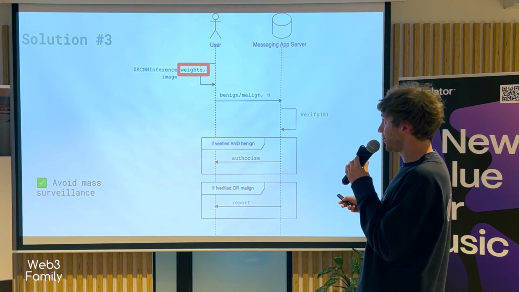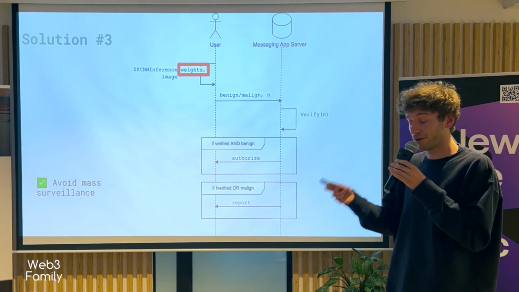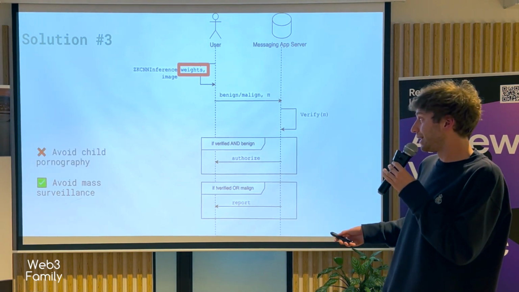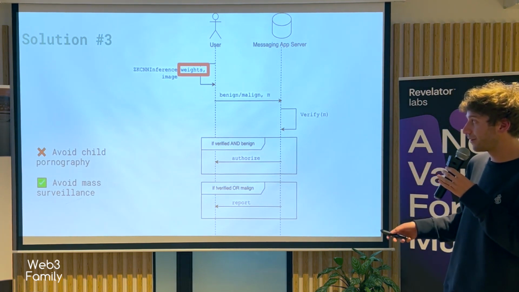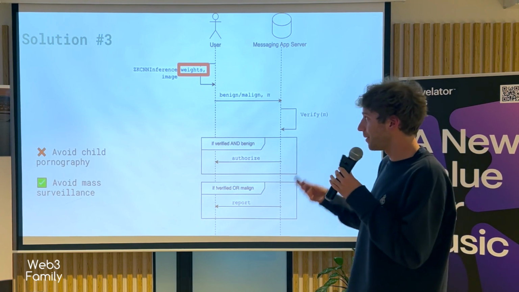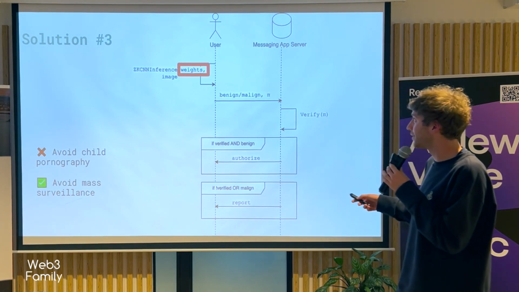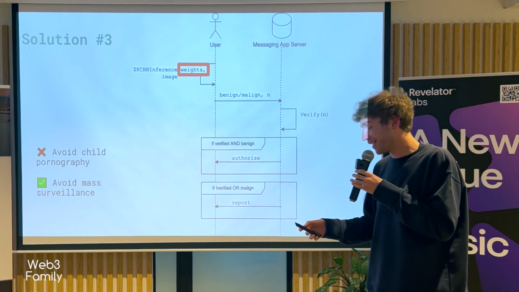So it's not good that the user has access to the weights, because they can perform this type of attack. We claim that this solution doesn't avoid child pornography, because this attack can be performed by some pedophile, and they would still be able to share the images.